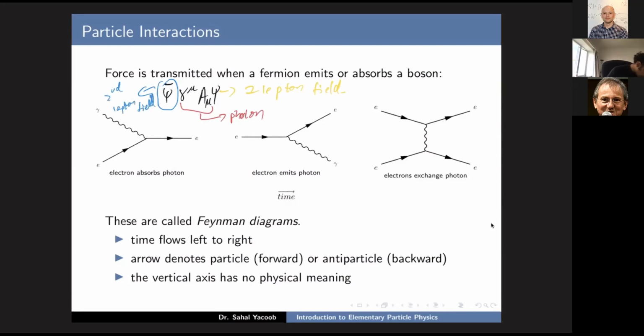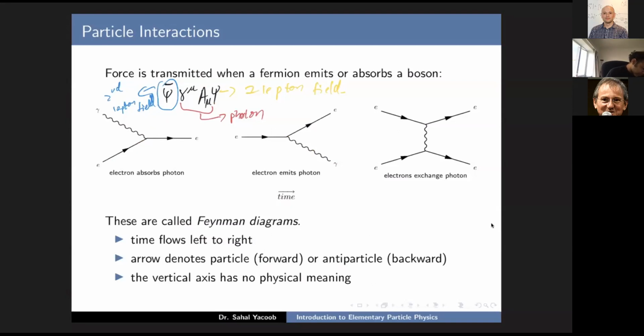And that's what we see in all of these cases. We see our one photon, and then two leptons. So this vertex is described by this term in the Lagrangian, depending on what these lepton fields are.